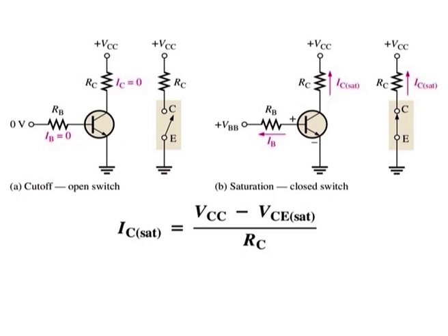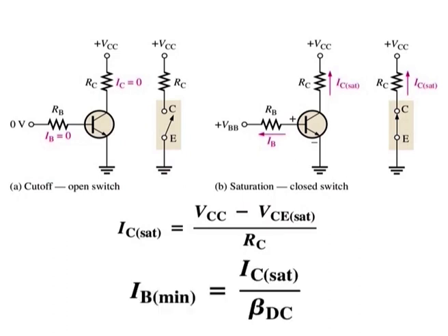Since VCE(sat) is very small compared to VCC, it can usually be neglected. The minimum value of base current needed to produce saturation is given by this equation. Normally, IB should be significantly greater than IB(min) to ensure that the transistor is saturated.